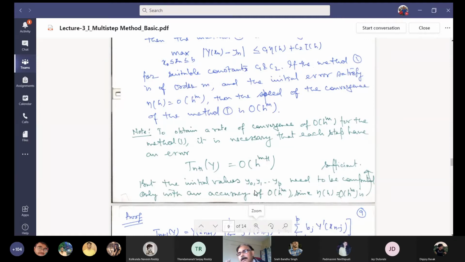Meaning by that, if you want to apply, let us say, a fifth order multi-step method, then the initial values you can calculate by a fourth order method. With that fourth order method itself, the final order will be your fifth order. So with one less order in the initial value calculation, we can get the higher order multi-step method. Is that clear or not?